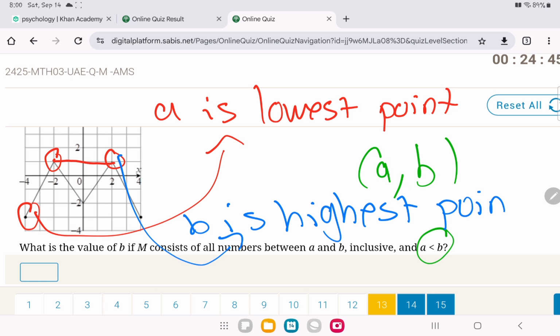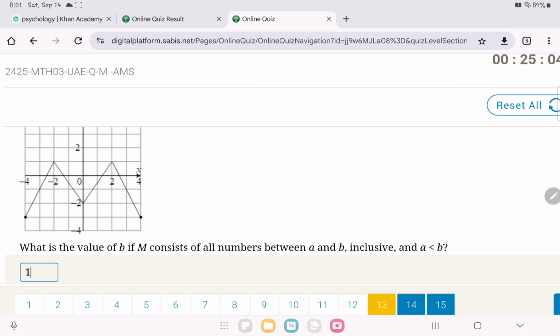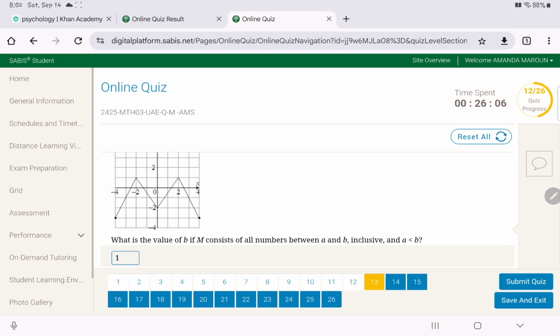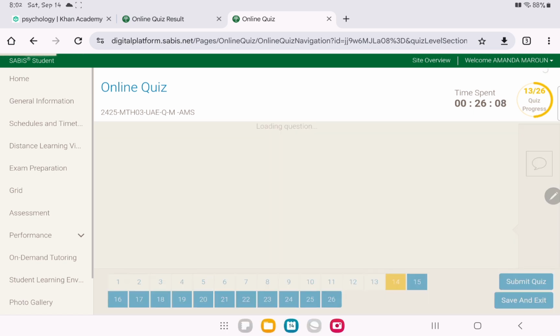So then you draw this and you take the y because B means y. So then we have our B, which is 1. So the value of B is 1. So that was question number 13. Now question number 14.